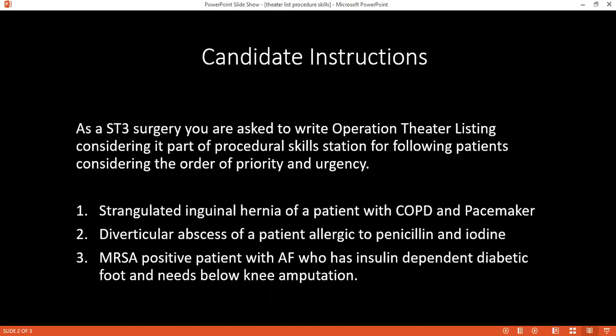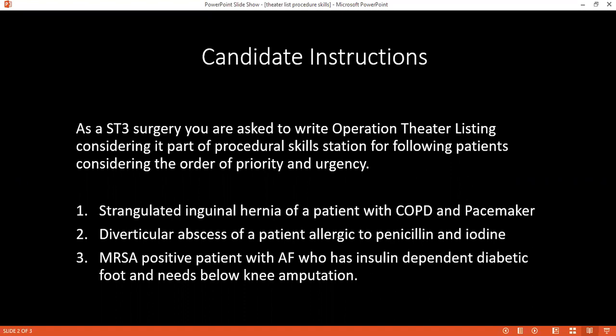Your number 2 patient is allergic to penicillin and iodine both. So what alternatives do you have for this patient? I will not give penicillin-like drugs and cephalosporin drugs. No, you'll not give, definitely, but what would you give alternatively?